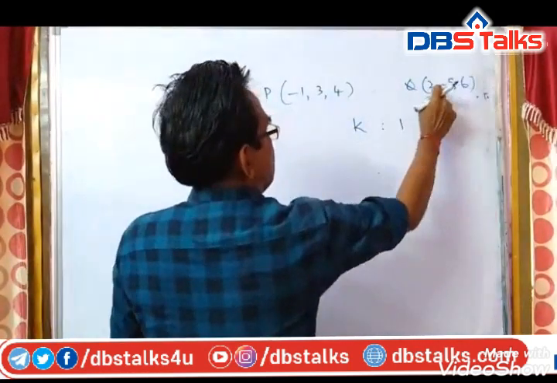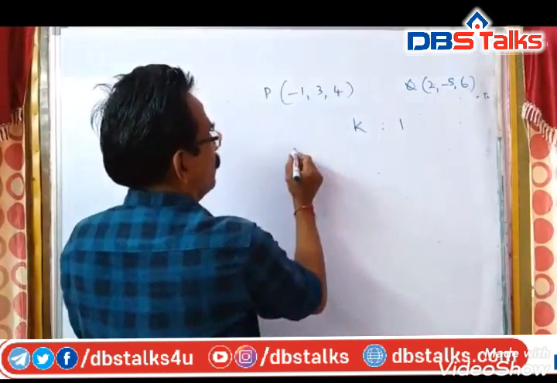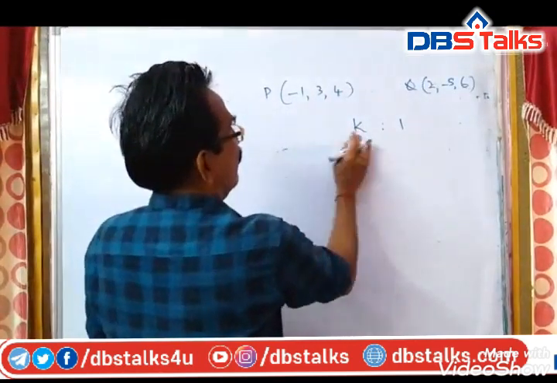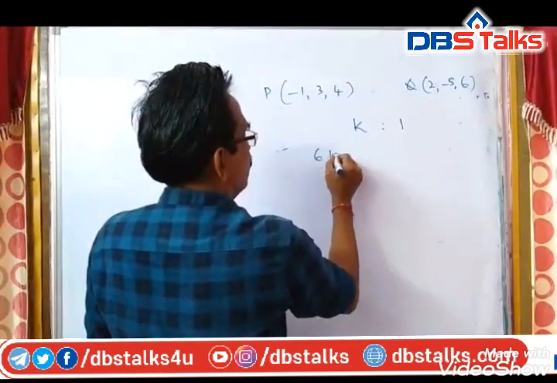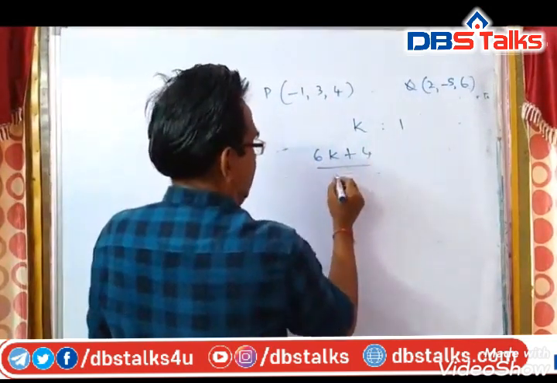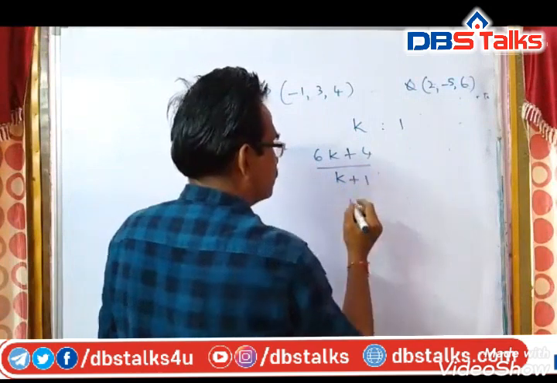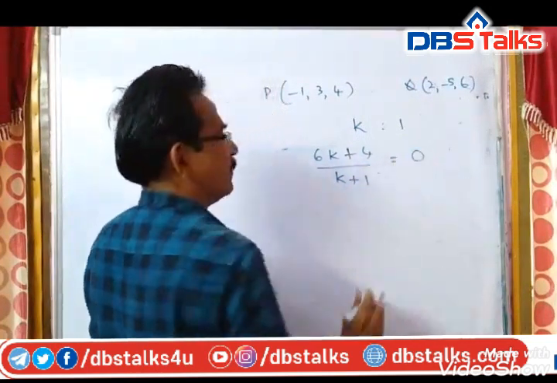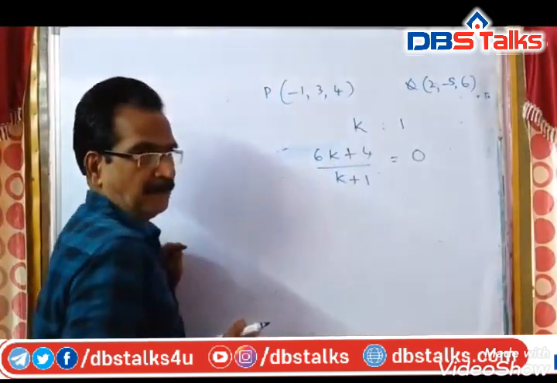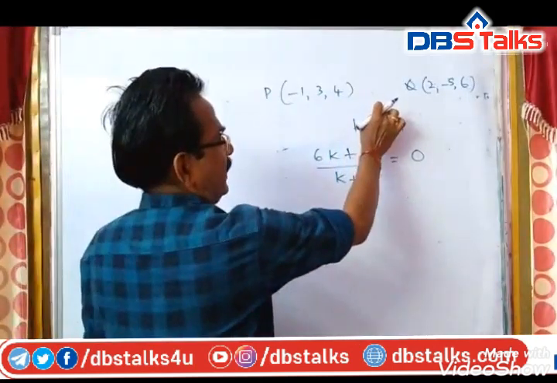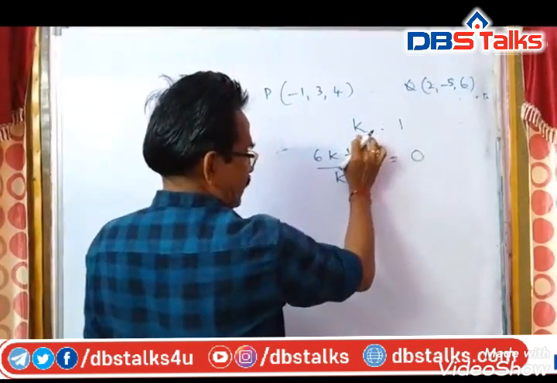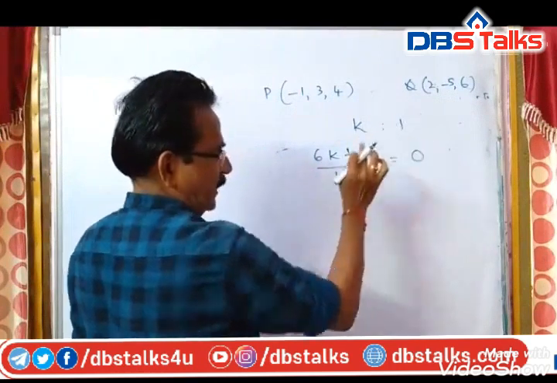k into 6 plus 1 into 4, that is 6k plus 4 by k plus 1. This is equal to 0, because this is the z coordinate of the point which divides this and this in the ratio k is to 1.